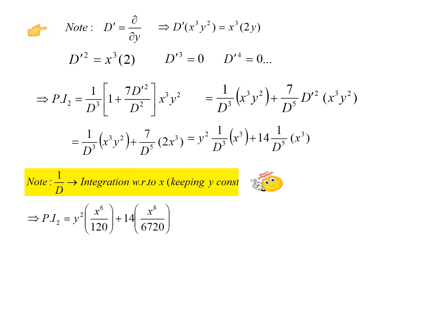So x power 6 by 120 plus 14 into, so now x cube you have to integrate 5 times. So remember first time x power 4 by 4. Second time x power 5 by 20. Third time x power 6 by 20 into 6. Then x power 7 by 20 into 6 into 7, then x power 8 by 20 into 6 into 7 into 8. So like that it goes. So you can work it out and see, you will get this answer.